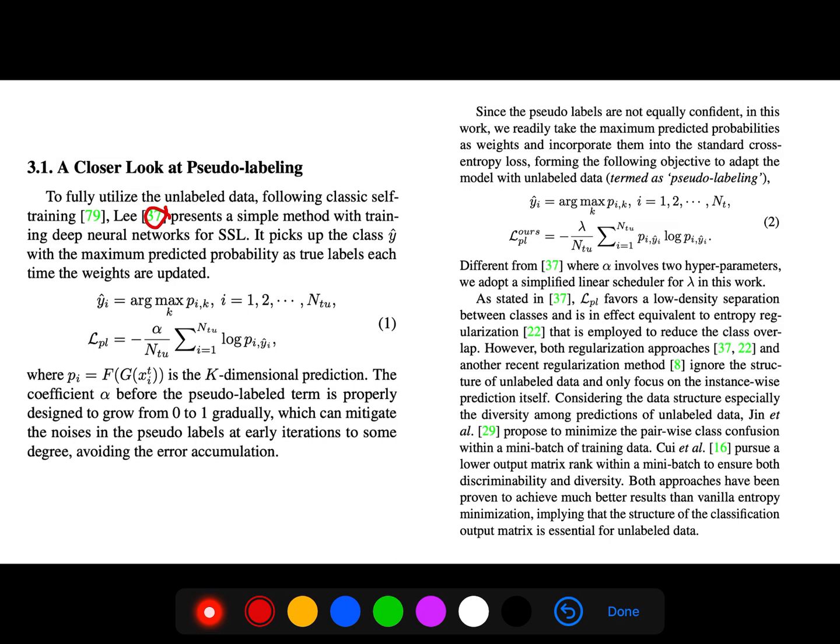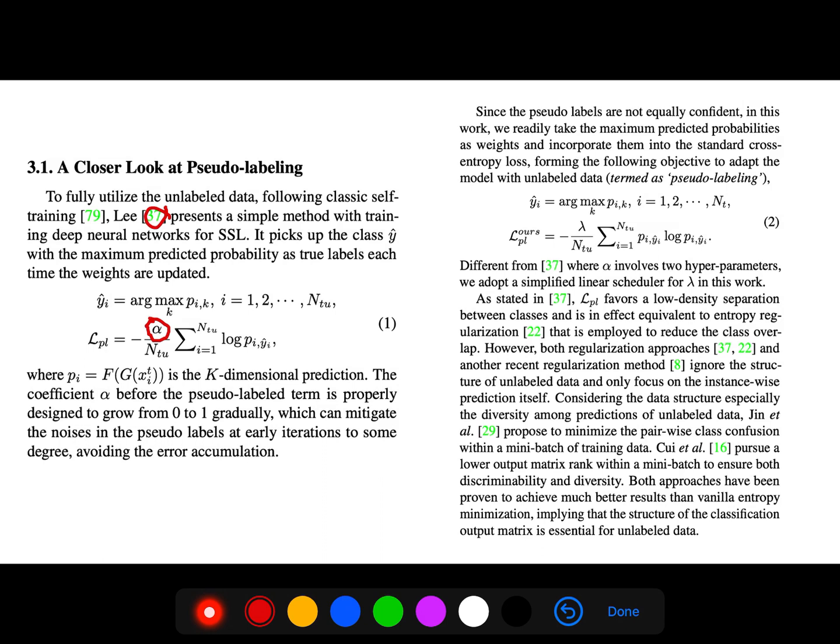So p_i is the K-dimensional prediction. The confidence alpha before the pseudo-labeled term is set to grow from 0 to 1 gradually, which can mitigate the noises in the pseudo-labels at early iterations to some degree, avoiding error accumulation.